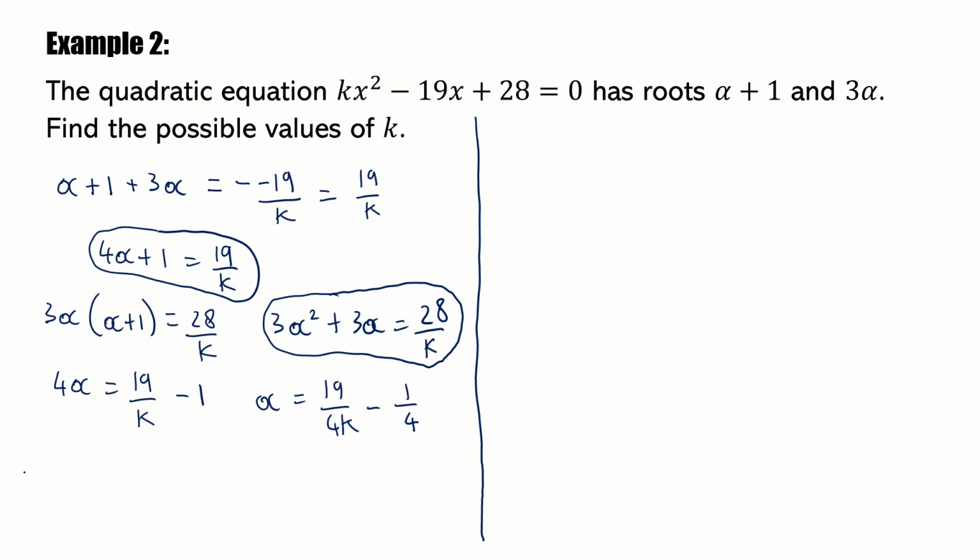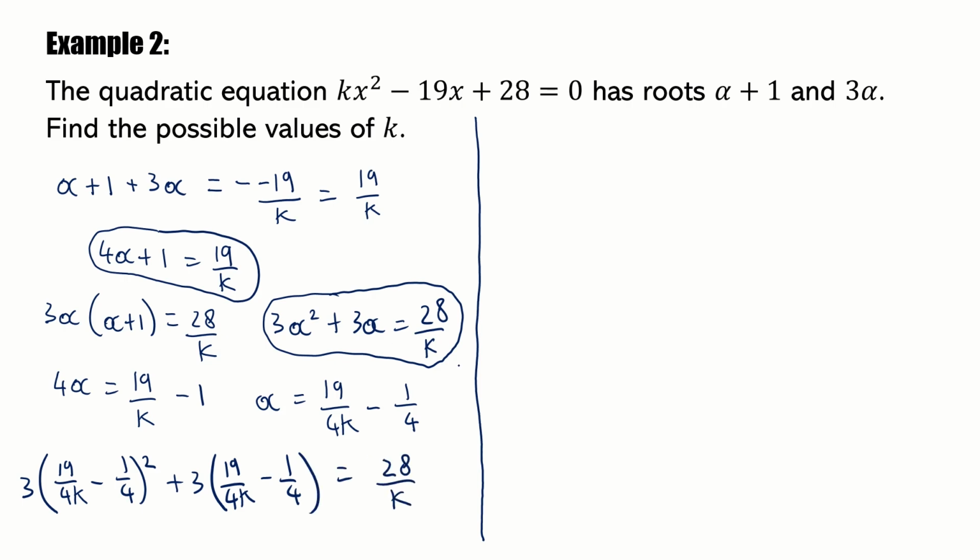So substituting that into the other equation, we'll get 3 lots of 19 over 4k minus 1/4 all squared, plus 3 lots of 19 over 4k minus 1/4, and that's got to equal our 28 over k. Nice. So, although this looks really horrible, and I won't lie to you, it's not going to be particularly nice to do, it's just a bunch of algebra.